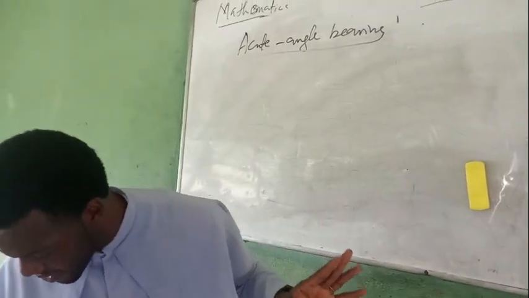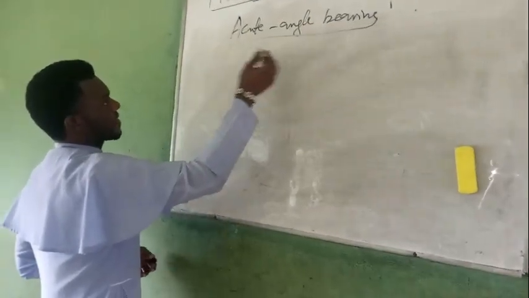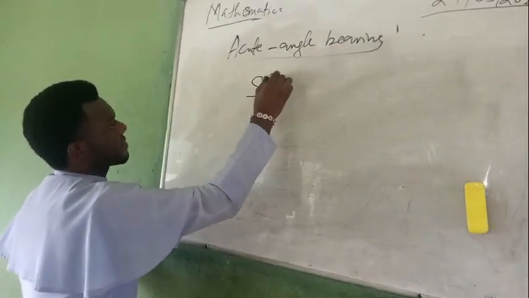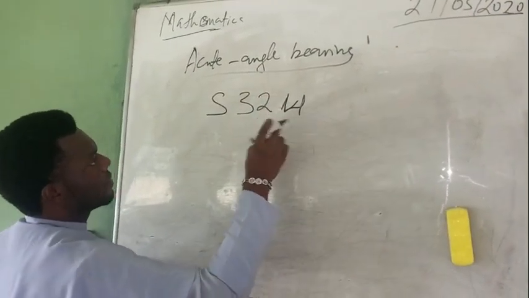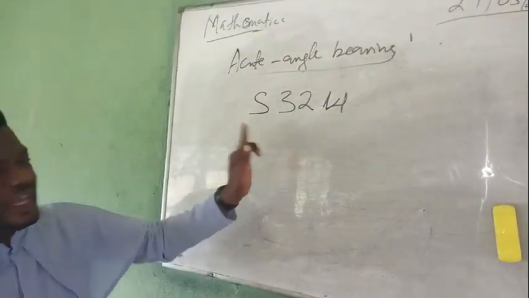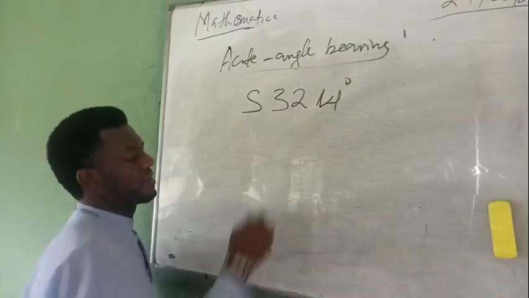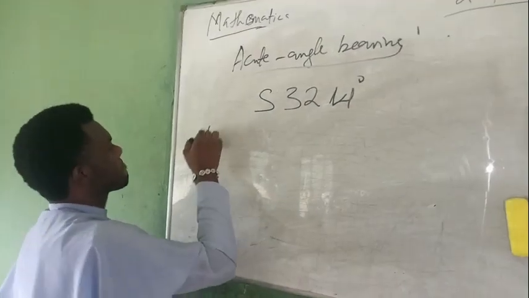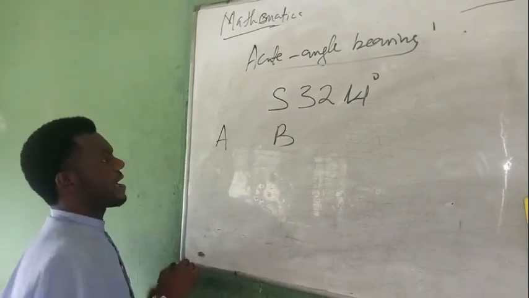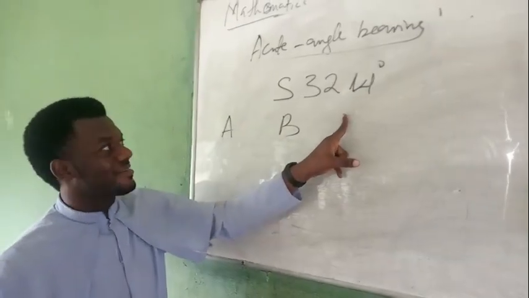For instance, an example of an acute angle bearing is x 32 west. You are asked to locate this direction, x 32 west. Maybe they say that the direction of B from A is x 32 west.